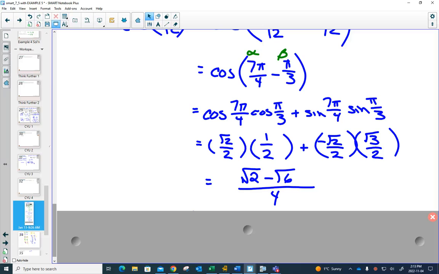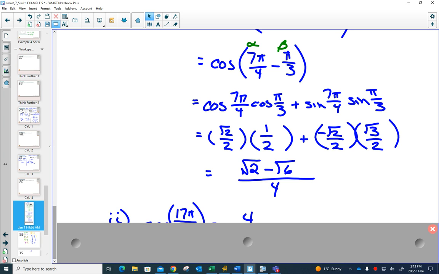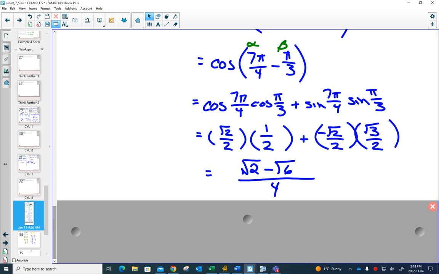Sometimes on a test, you get this question, cos of 17 pi over 12 is part A, and then in part B, here we go. Don't want to show the answer quite yet.